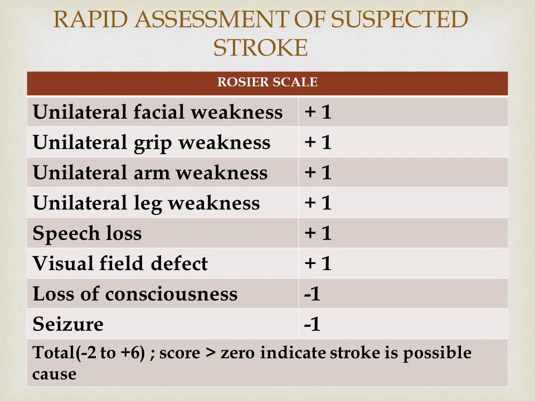The total score is from -2 to 6. A score more than 0 indicates stroke is a possible cause. This is a very helpful score.